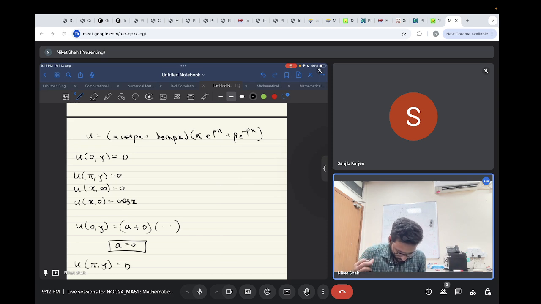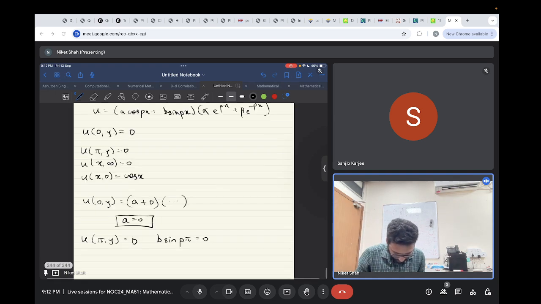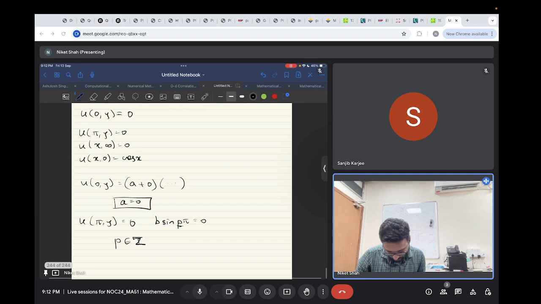Therefore, b sine p pi has to be equal to 0, because the other y function does not really matter. So p has to be an integer. P belongs to the integers, Z.